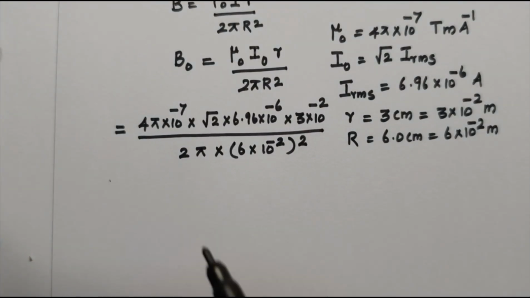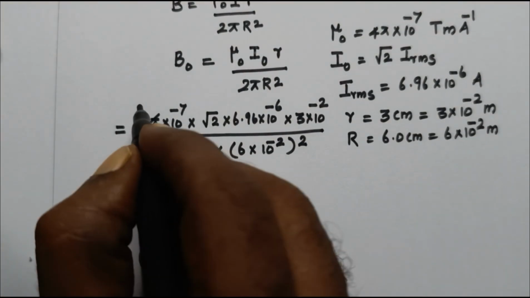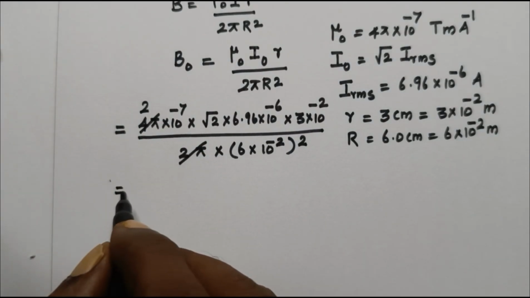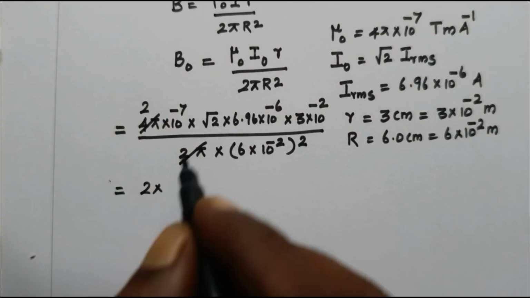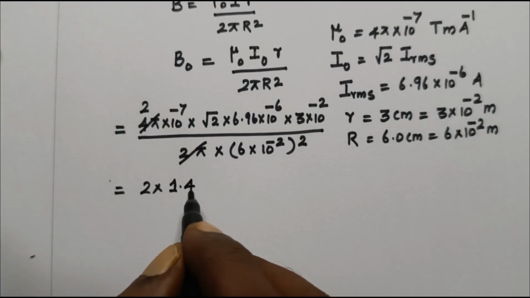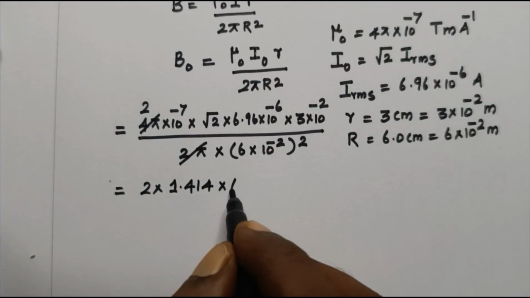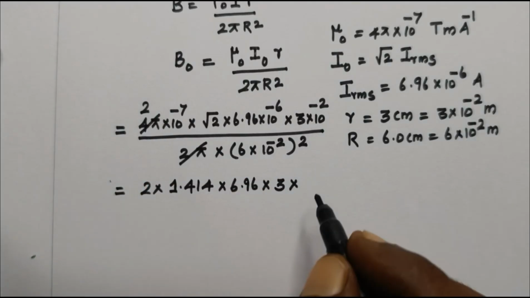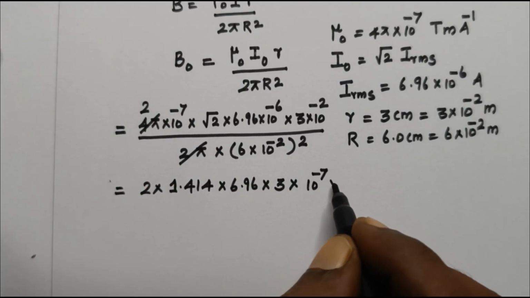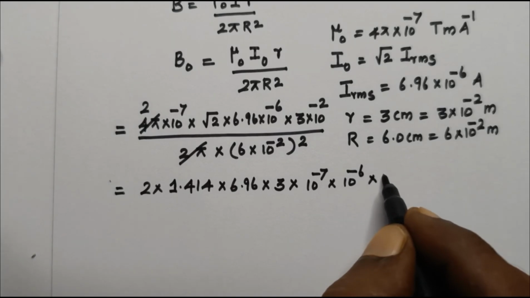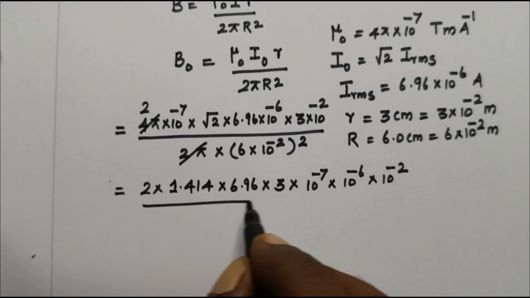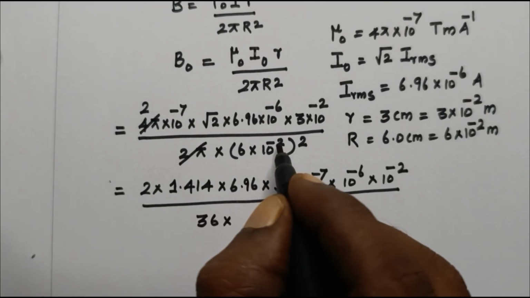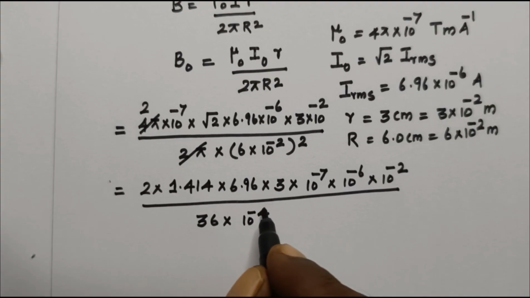This is equal to, we can cancel 2 pi and 4 pi. If we cancel, we will get 2 remaining. 2 2s are 4. So this is equal to 2 into root 2, which is 1.414, into 6.96 into 3, and the 10 to the powers we have to write: 10 to the power minus 7 into 10 to the power minus 6 into 10 to the power minus 2, divided by 6 square, which is 36, into 10 to the power minus 2 square, which is 10 to the power minus 4.